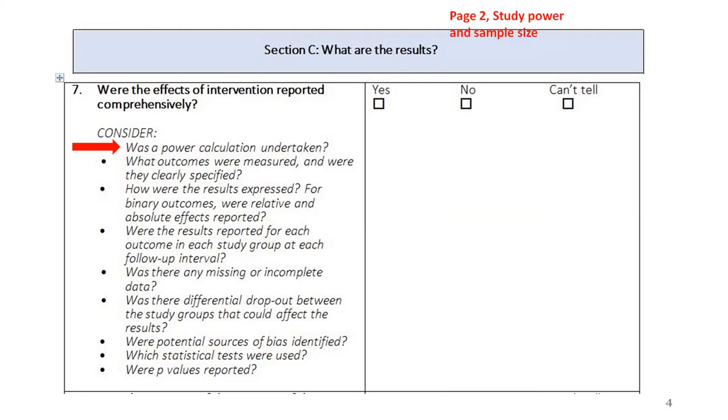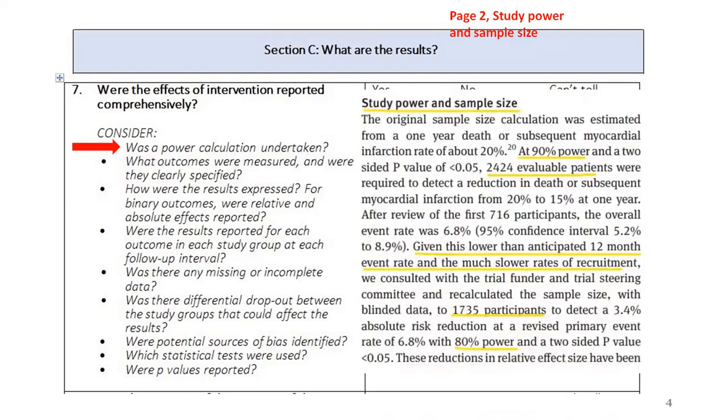So are you prepared with your paper? I'll signpost it: it is on page number 2, study power and sample size. Initially the researchers calculated around 90% power and a two-sided p-value of less than 0.05. So the total evaluated patients would be 2,424.